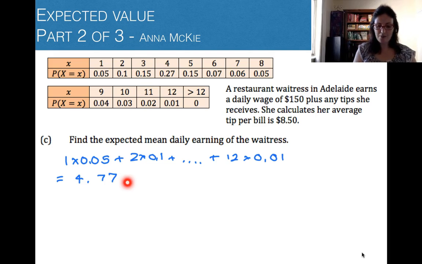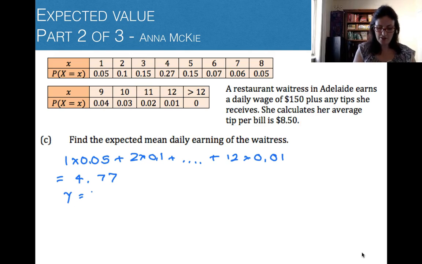So that's the number of tables that she's expected to serve, but that isn't her earnings. So we need to use the question here, and an equation we might write is that she will earn $150 plus any tips.